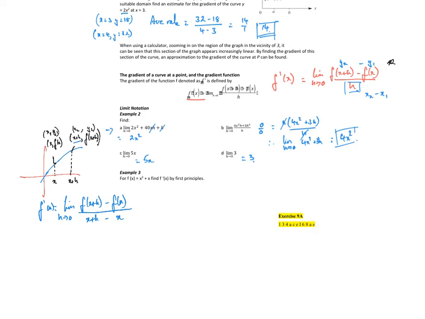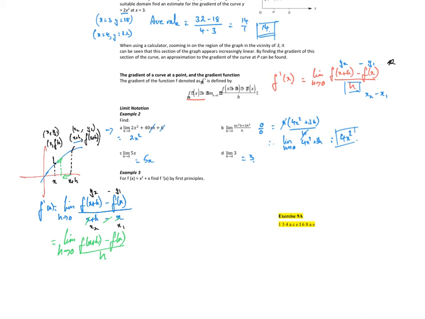So hopefully you can see y2 minus y1, x2 minus x1. x plus h minus x is h, and so I just get the limit as h approaches 0 of f of x plus h minus f of x over h. So that's just my gradient, and what we're saying is, as h gets really small, with smaller and smaller h value, we get closer and closer to a straight line if we zoom in.